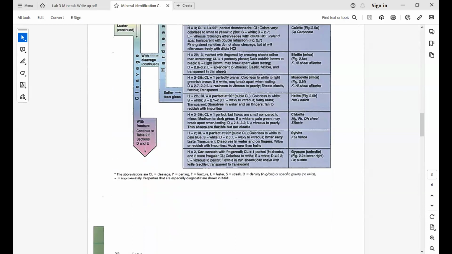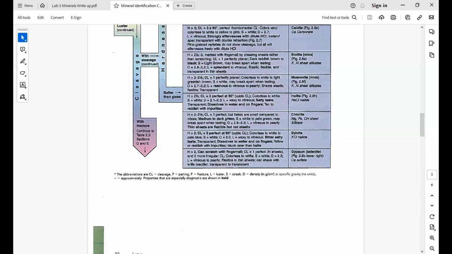Vitreous to pearly. Aha. I said waxy. Maybe pearly was a better name for the fact that it didn't look really glassy. It's flexible when it's in thin sheets, can shave with a knife, which I don't have, so I'm not going to try that. Transparent to translucent. Well, this particular specimen is that, because you can see light coming through it, even as thick as it is at a quarter of an inch.